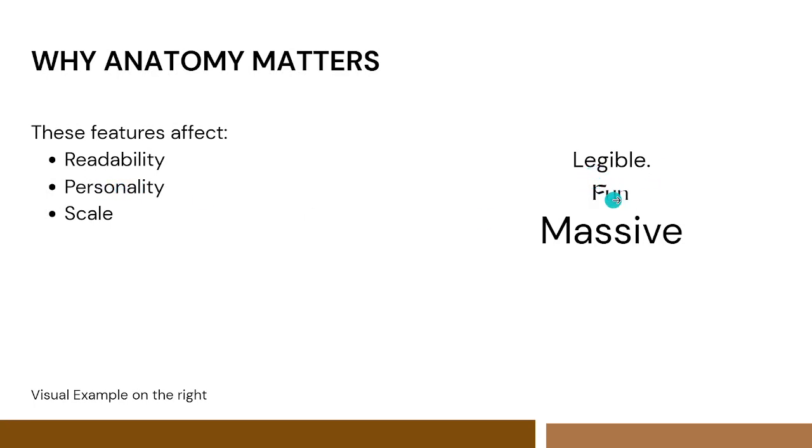Like this font, when we look at this, we can see that this person is communicating the word font to us using typography. And in terms of scale, we can see the word massive, and it's being made bold to show that this is something really massive.